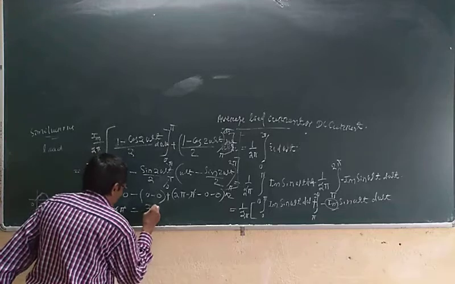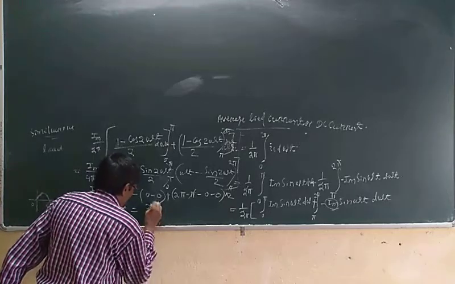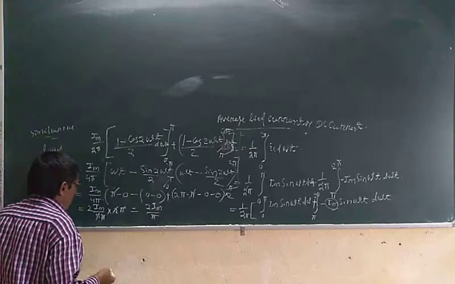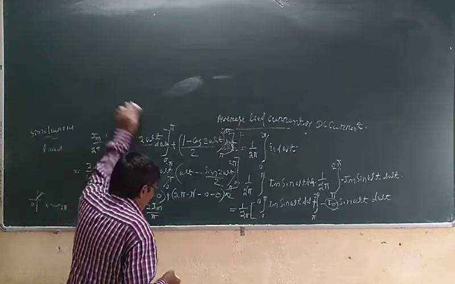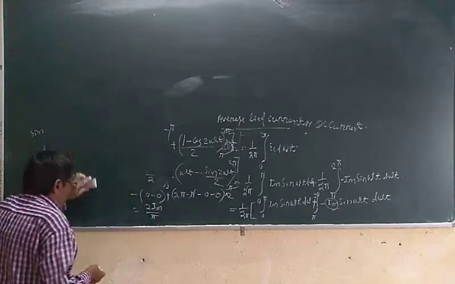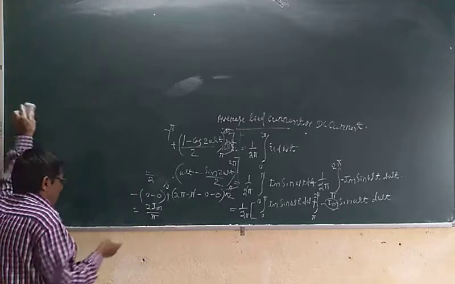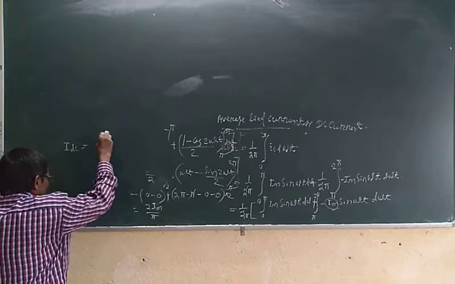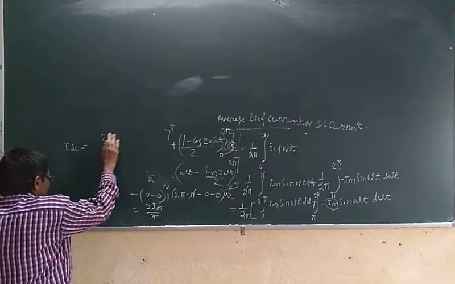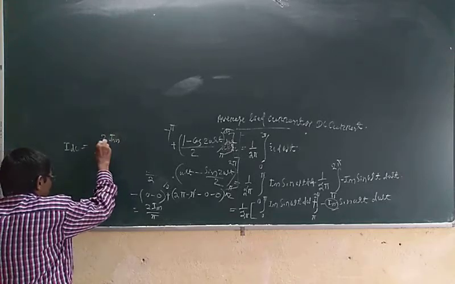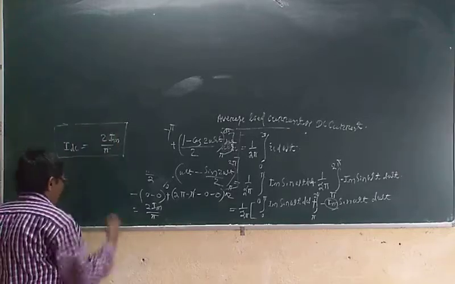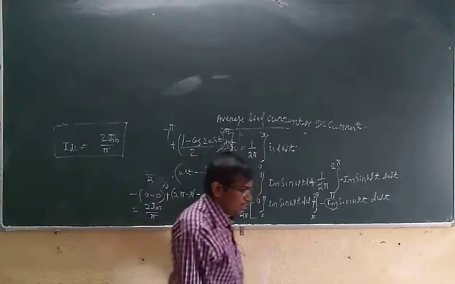Now that is 2 Im by pi. Now this is the final result, so IDC equals 2 Im by pi. So this is the result of average DC.